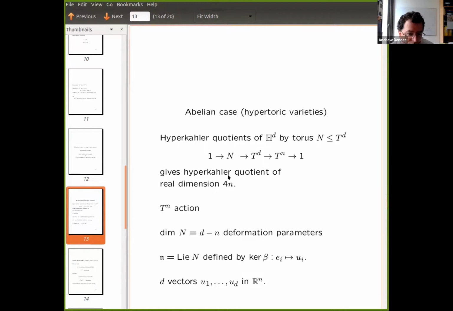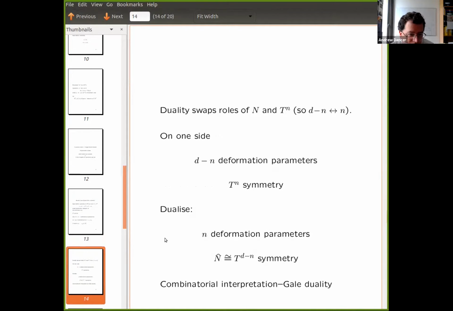So what do we have before? With the Higgs branch, we have d minus n deformation parameters and T^n symmetry. When we dualize, we're swapping the roles, so d minus n and n get swapped, and then we're getting n deformation parameters and a T^(d-n) torus.